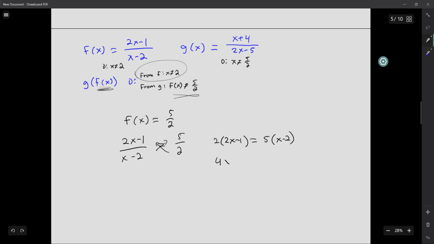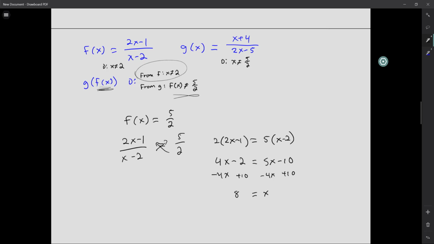So I get 4x minus 2 on the left and 5x minus 10 on the right. Subtract 4x from both sides. Add 10 to both sides. What do I get? I get 8 left over here equals x over here.